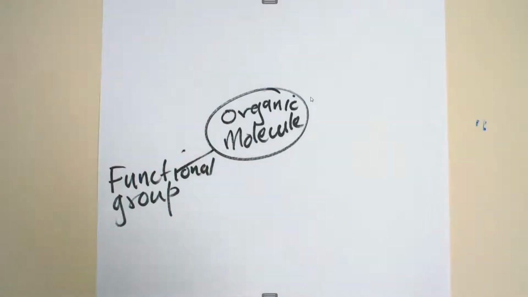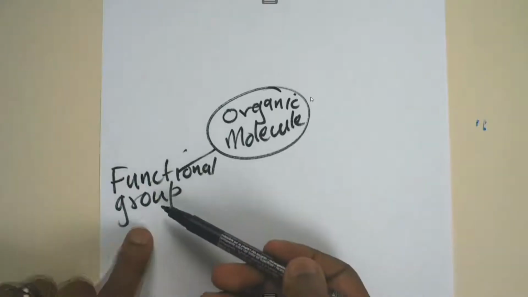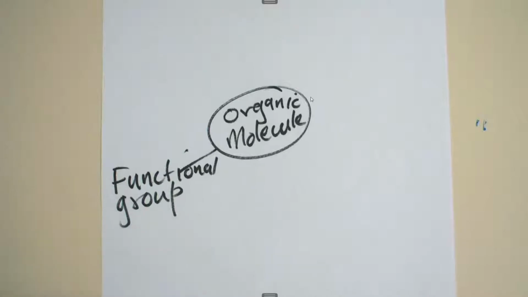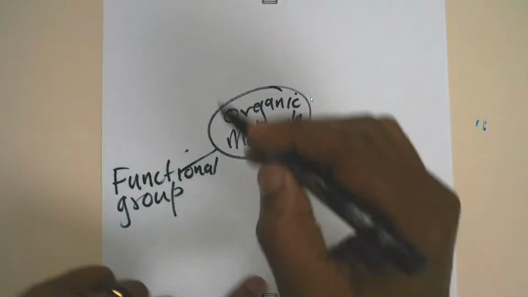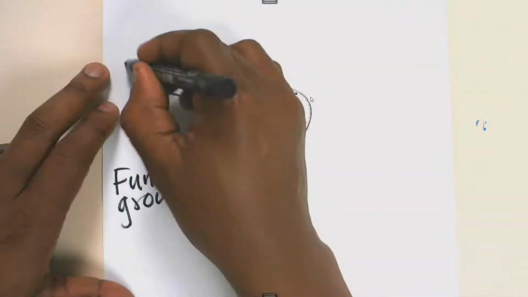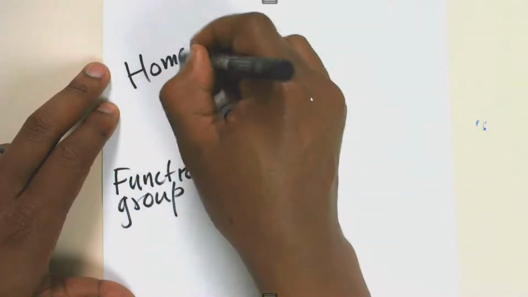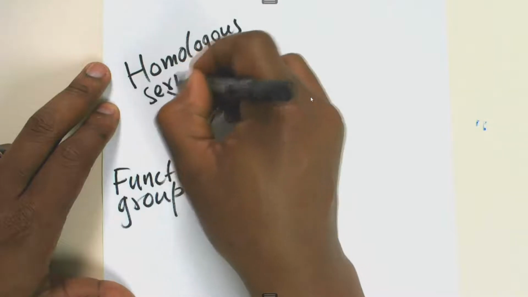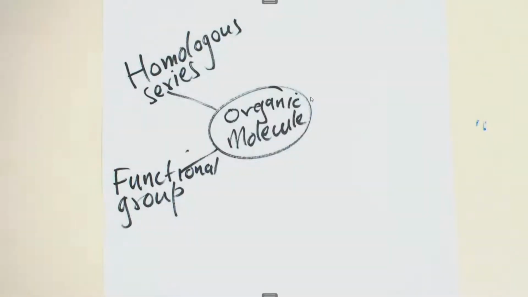So from the given organic molecule, am I able to identify the functional group? If yes, then it's a tick for me, because I will be able to say something along those lines. Can I be able to identify to which homologous series does the organic molecule belong to?